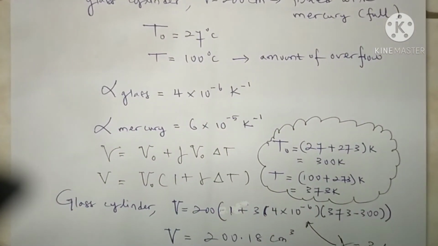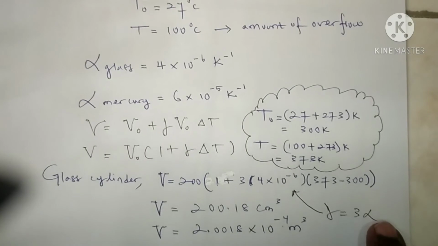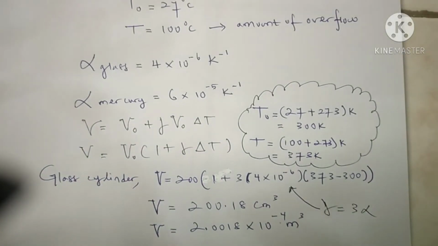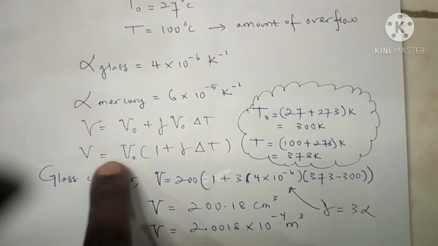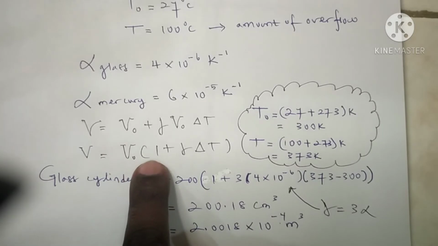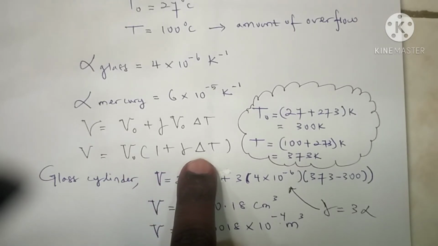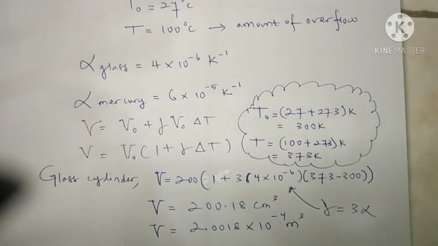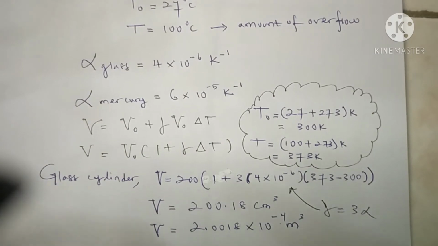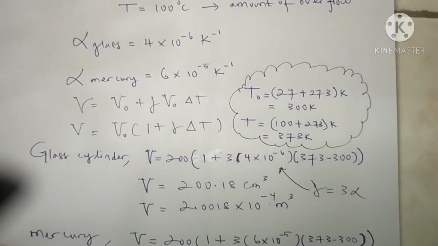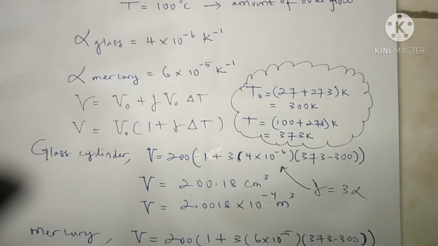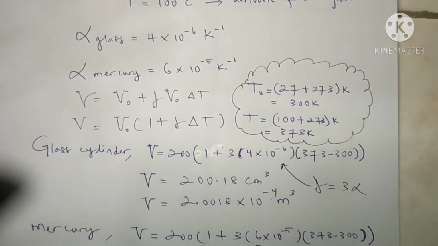Substitute all the values accordingly into the formula V equals V naught in bracket 1 plus gamma times delta T. For the glass cylinder, the volume is 2.0018 times 10 to the power of negative 4 meter cube. And we're going to do the same process for mercury.